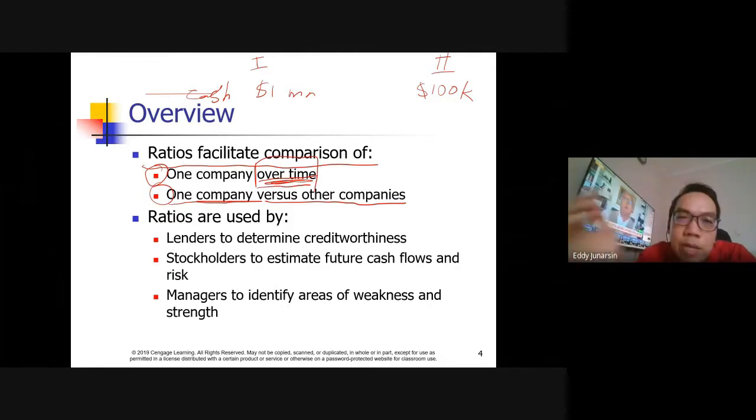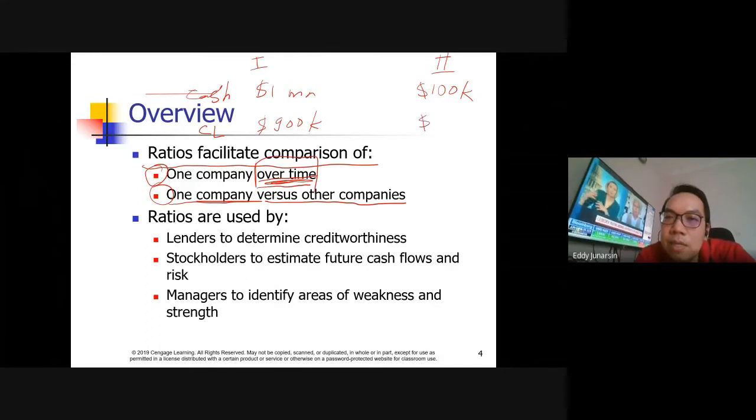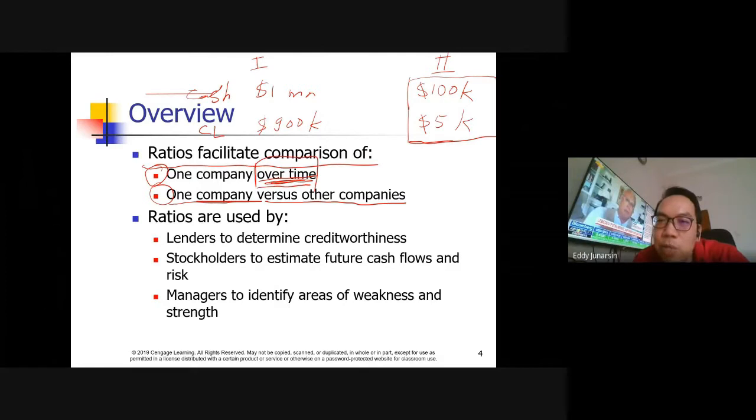However, when I look at a more comprehensive picture, I find out that actually the current liabilities of the first firm is, let's say, 900,000, whereas the current liabilities of the second firm is, say, 5,000. So you see here, based on the simple ratio, cash to current liabilities, you find out that actually the second firm has a stronger liquidity position than the first firm.